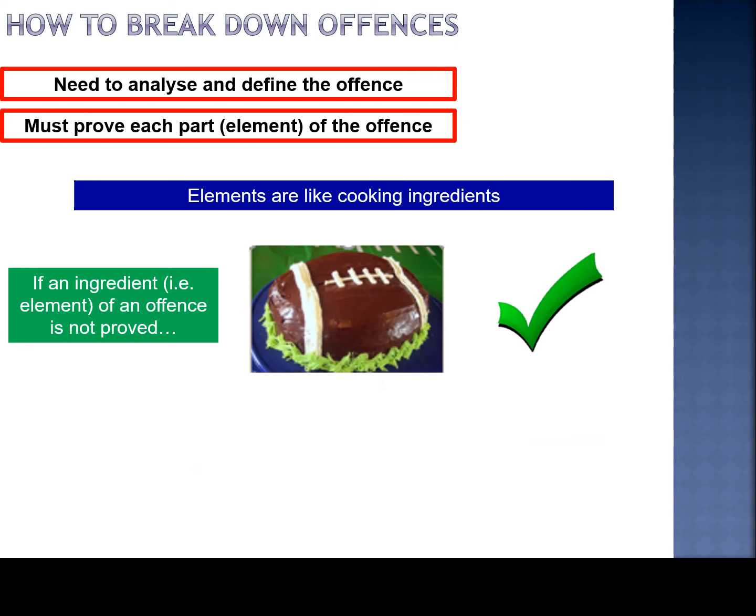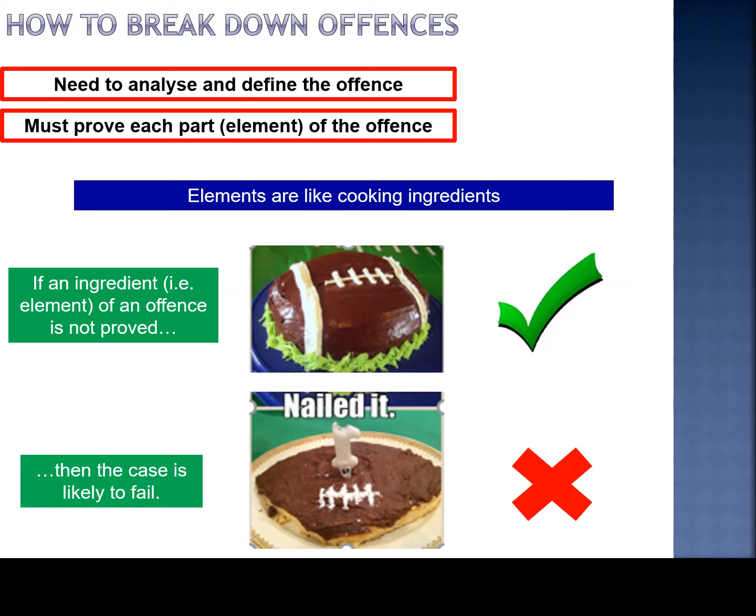So when everything comes together properly, the offence is proven, and we get a good cake. When we don't have an ingredient, or we don't have enough of an ingredient in a cake, then the cake can fail. Similarly, if we don't have enough evidence in an element, or we can't prove an element, the offence isn't proven, and therefore the case will fail.